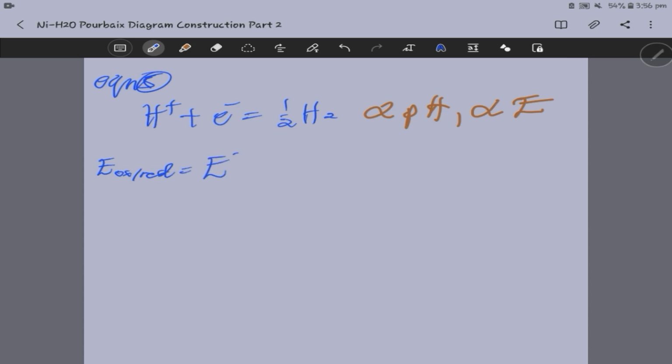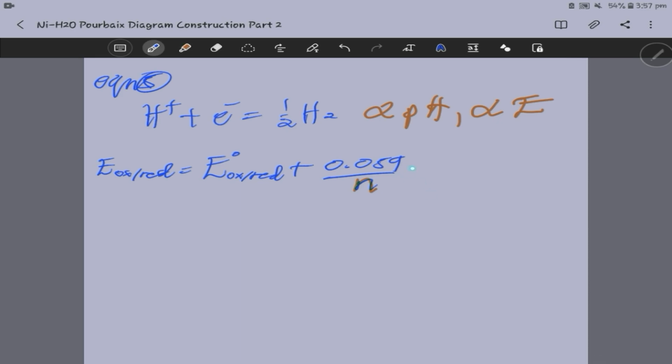E standard ox, plus 0.059 over n. Very important, not 2, so don't get confused with that. Let me highlight n, so that in the end, when you get to the number of electrons needed, you put it there.